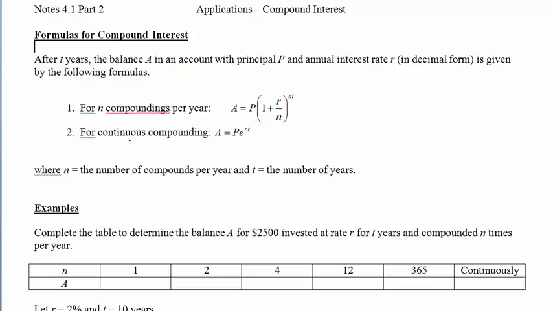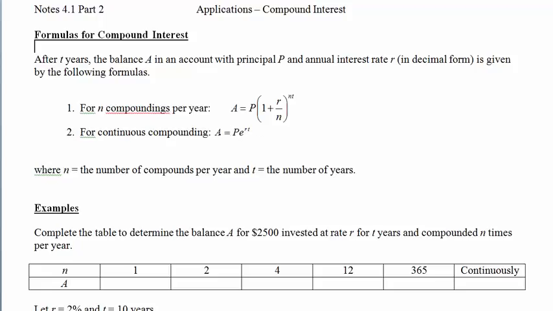Some you might find compound your interest continuously, not once a month or 4 times a year or 6 times a year or even once a year, but continually, every single second. They're computing your interest. This formula is a little different.